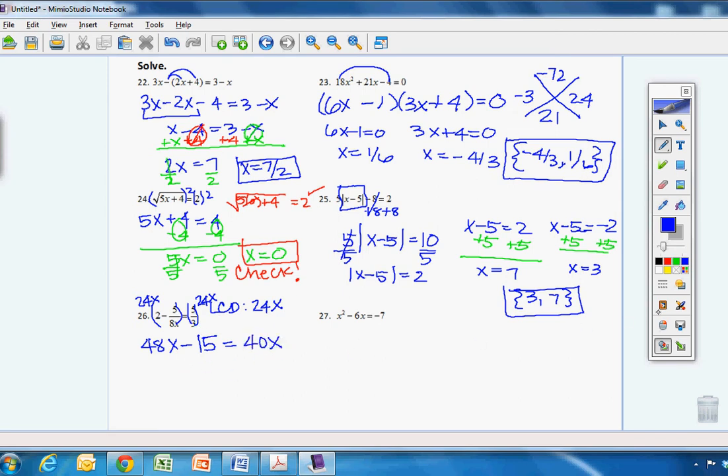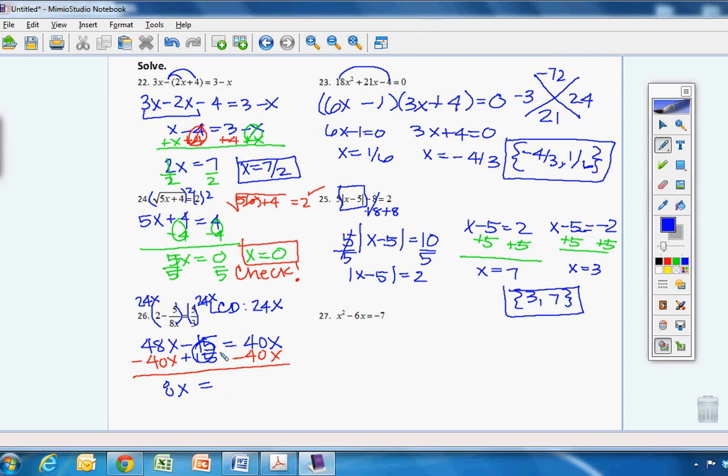And now from here, I can rearrange this and change it all around. So I'm going to add 15. Oops, I tried to change colors there. And I'm going to subtract 40x. All right, so I have 8x, this goes away, equals, oh, this doesn't go away.